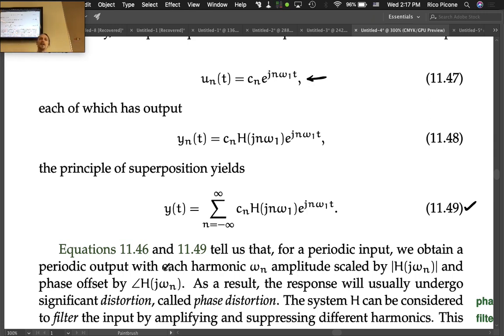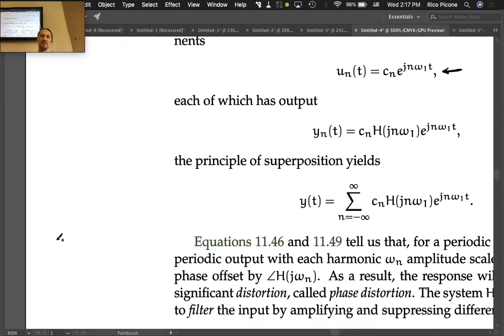So that periodic function might have looked like a triangle wave going in, and when it comes out of the system, it might look like something with wiggles.